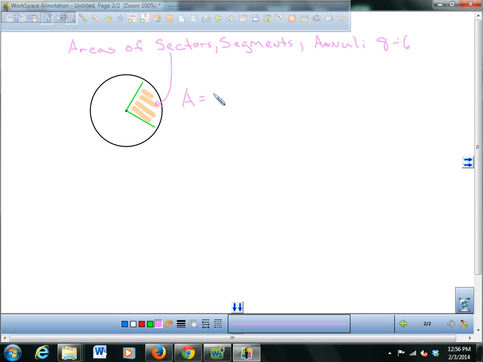Area is n over 360 times pi r squared. In other words, it's a fraction of the area of the circle, where n is the angle, this is the central angle.